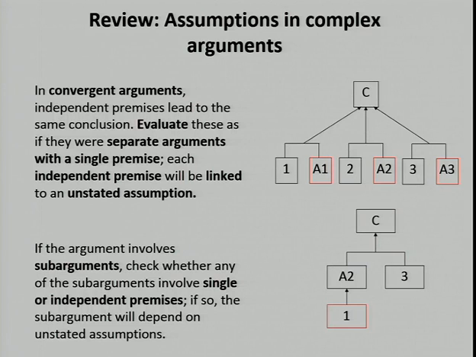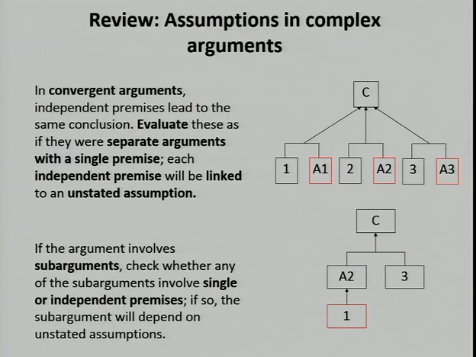So in all of those cases, each of those single independent premises will typically be linked to an implicit assumption that you can make explicit. So again, if you have identified an argument that relies on several such independent premises, that's also an indication that you need to reconstruct assumptions, if you're asked to do so.